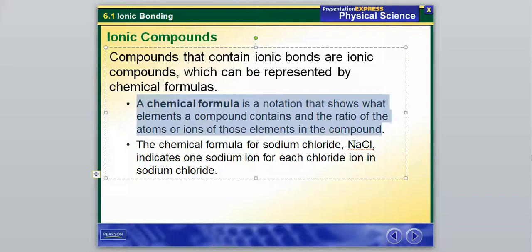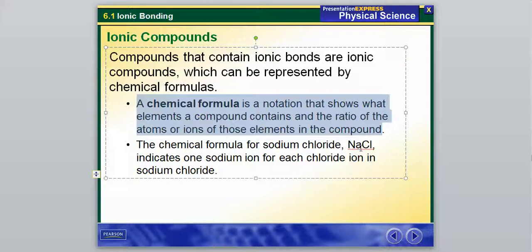This is kind of a bad first example because there are no numbers here. It just shows us that for every sodium ion, there's one chloride ion, because chlorine has a negative charge. Remember, we add the -ide to the end of the ones that have a negative charge.